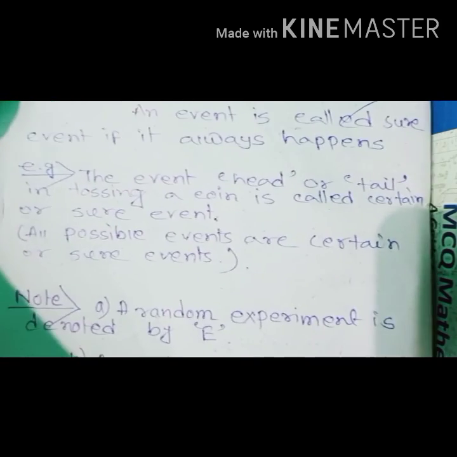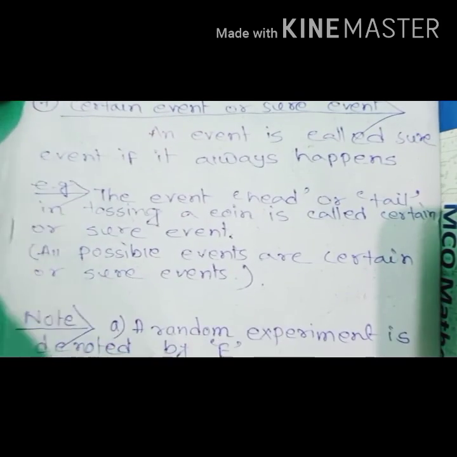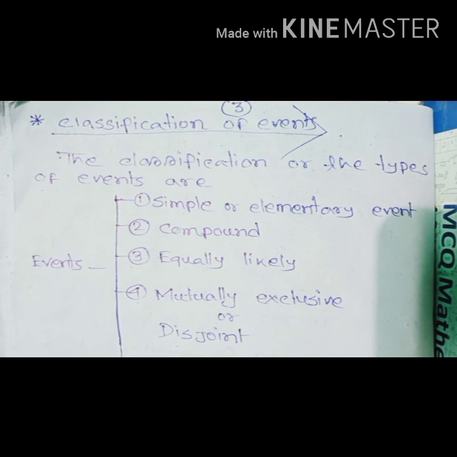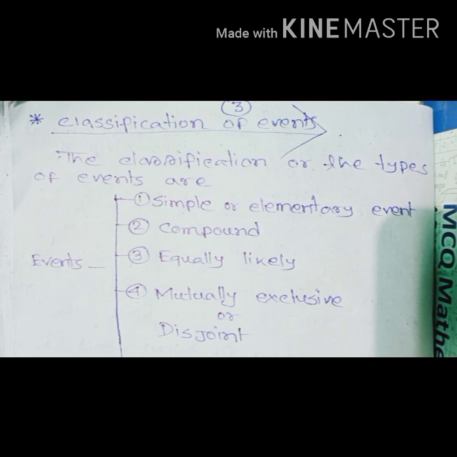Among them, the types of events are very important, and while doing problems or sums, they are necessary. So all this classification or types of events you have to keep in mind. Okay. If there is any problem, let me know.